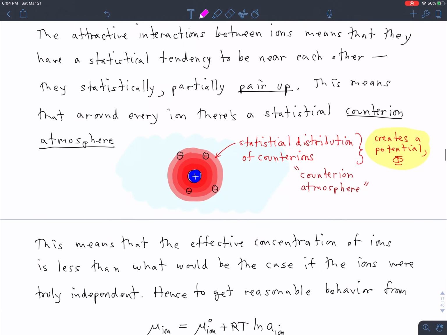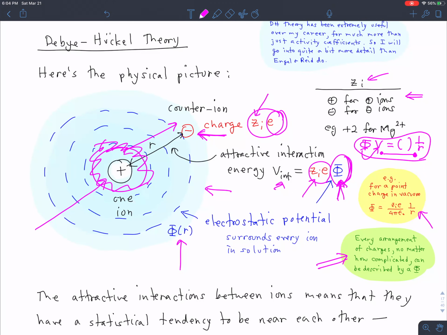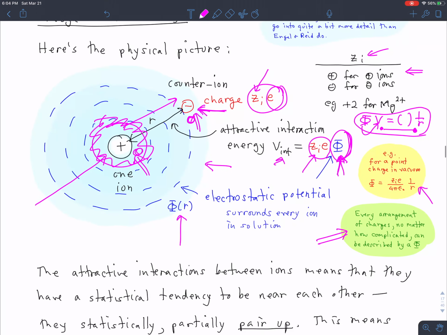All right, so what's going to happen then is because plus charges attract minus charges, and because the interaction is strong in ionic solution, there's going to be a strong tendency for minus charges to hang out closer to the plus charges than they would if they were just free in solution. And likewise, the plus charges will hang out near the minus charges more often than they do in solution.